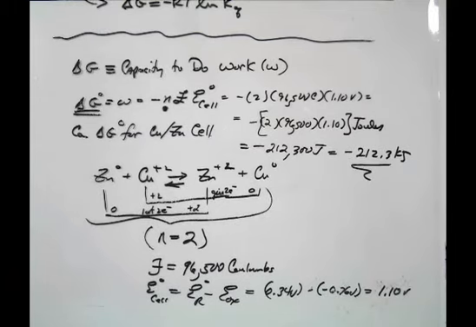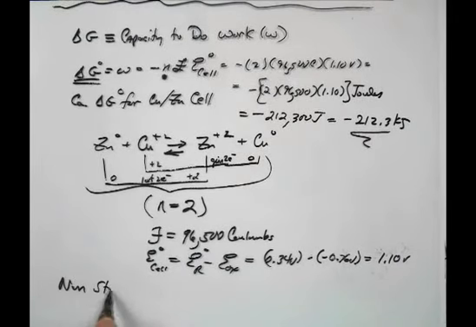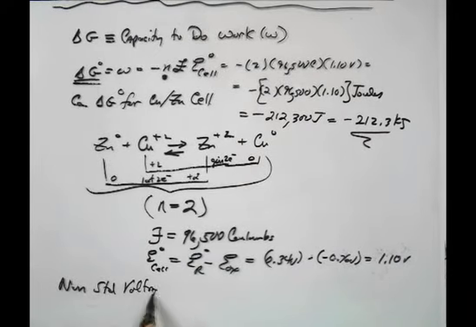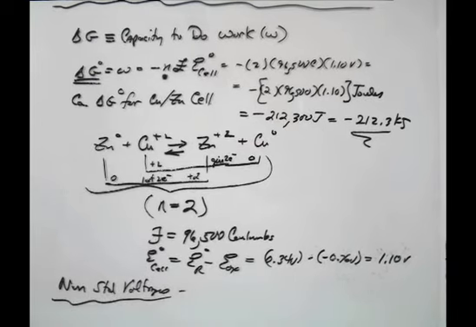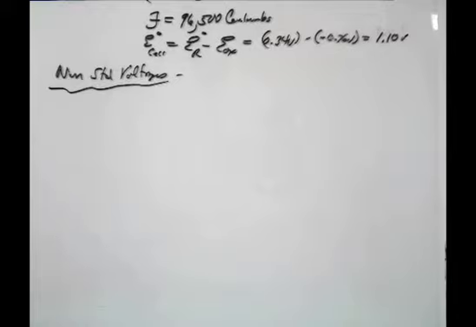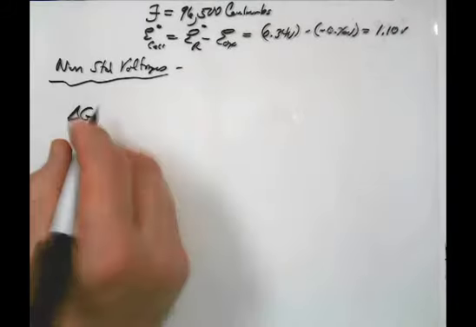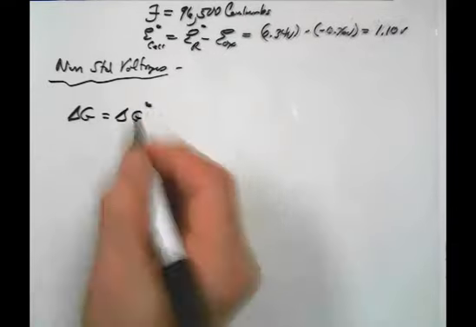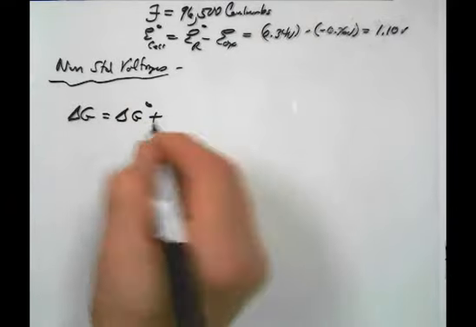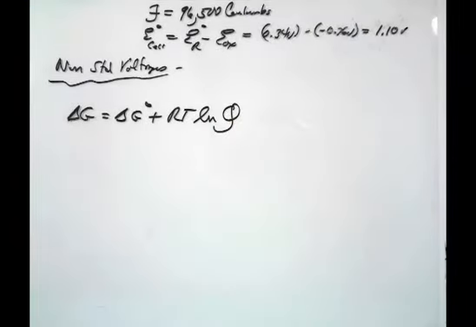What you have to deal with is non-standard voltages on test day. So we go back to our thermodynamic equation. Delta G is equal to delta G standard of the reaction plus RT ln Q of the reaction.